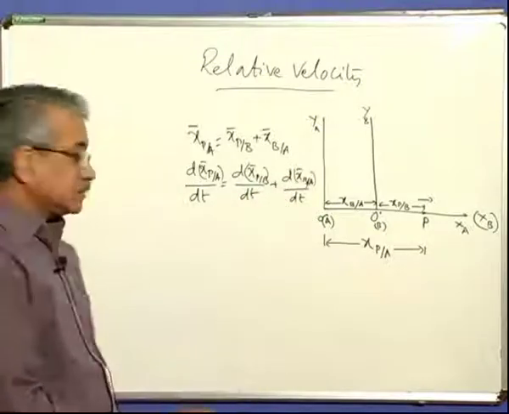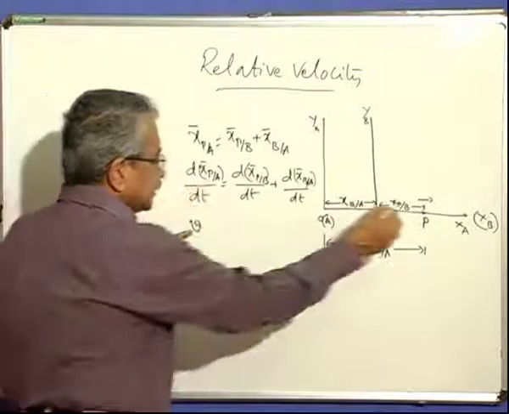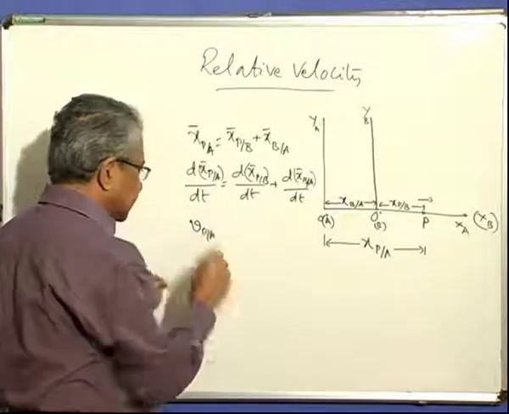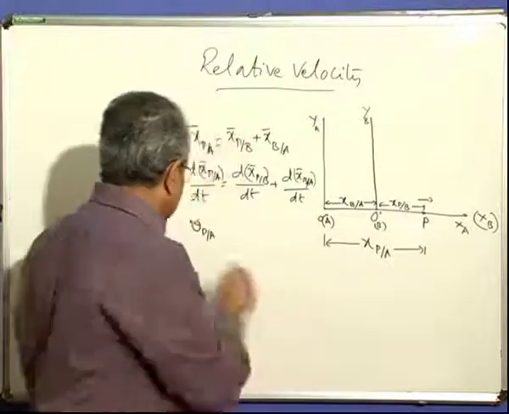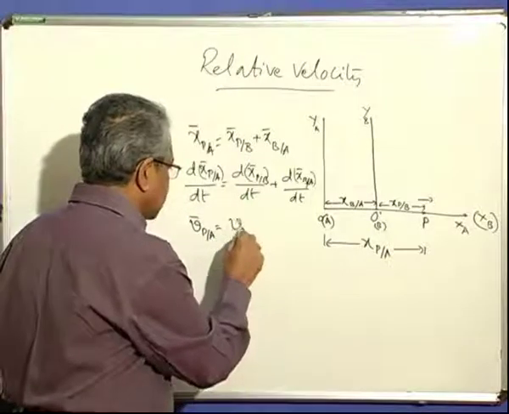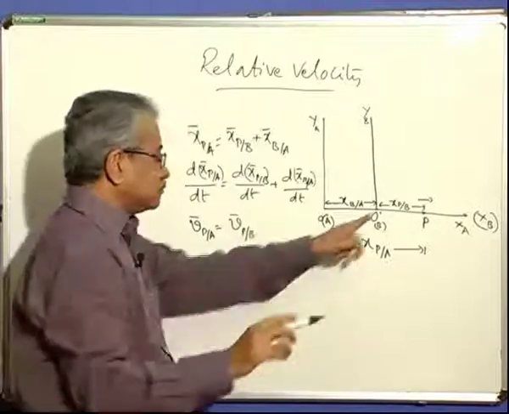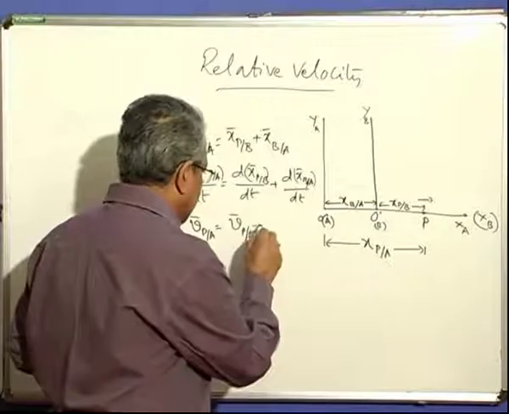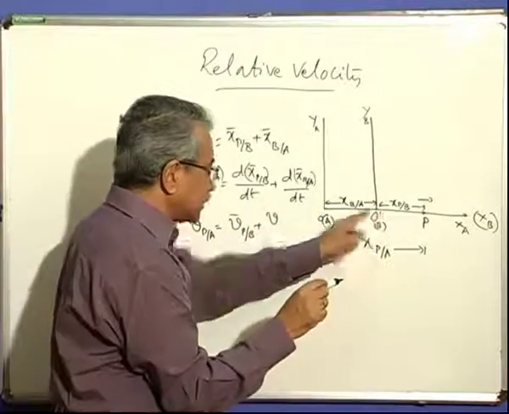the velocity equation. This happens to be the velocity of P, that is this particle, with reference to A, as observed by A, as measured by A. Similarly, this becomes the velocity of the same particle P as measured by the observer B in the other frame, plus this is the velocity of the observer himself, who is B here.